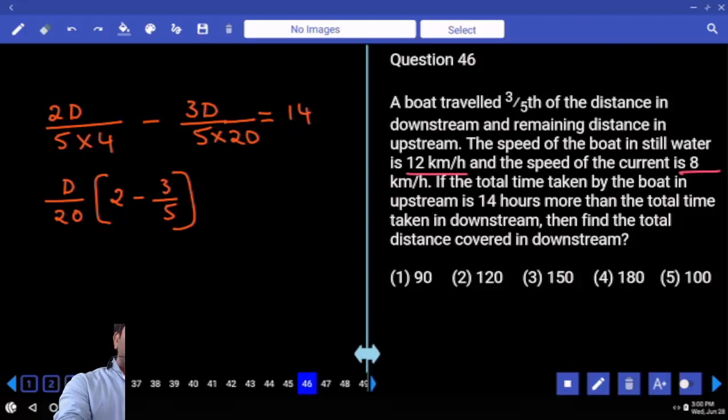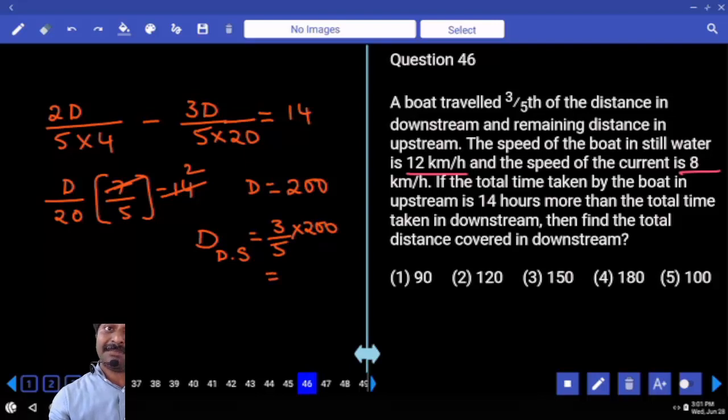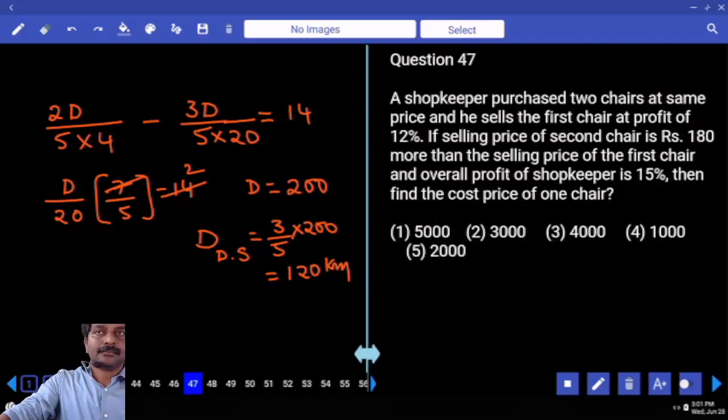Can I directly write 7 by 5 here? 7 by 5 is equal to 14. So D is equal to 200 only. Distance covered in downstream, that's what the question asks, correct? How much is that? 3/5 of the distance, or you can write 60%, which is 120 kilometers. Over.